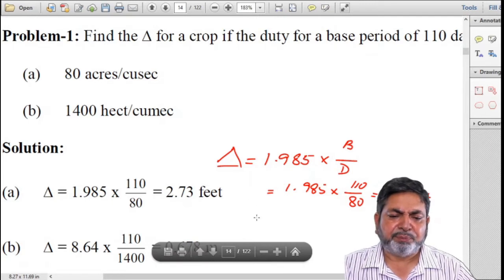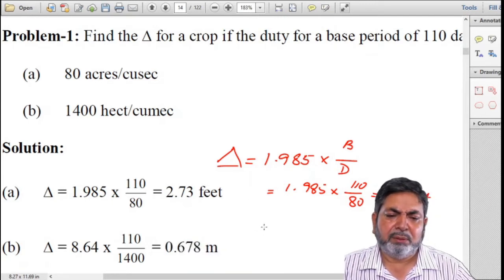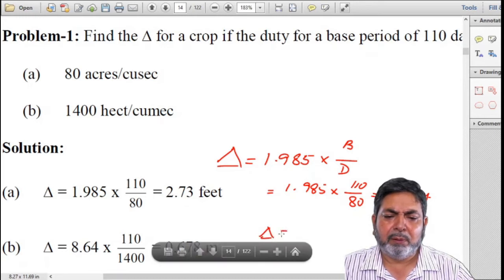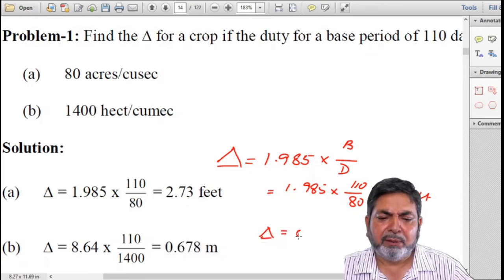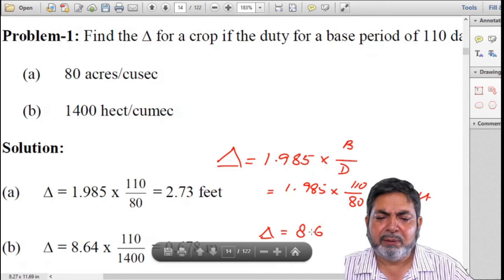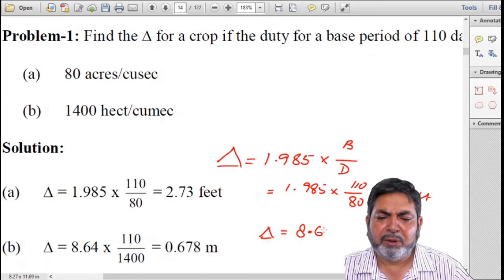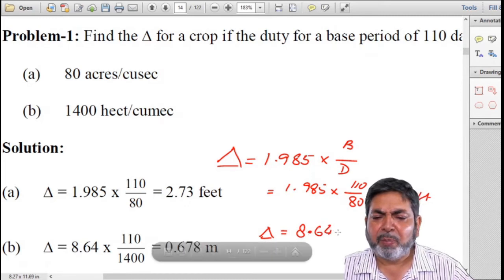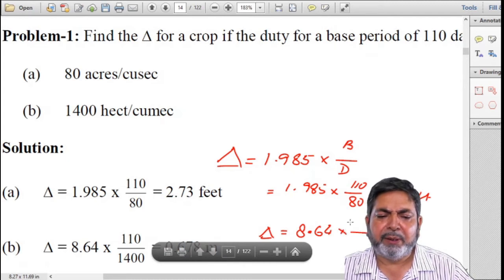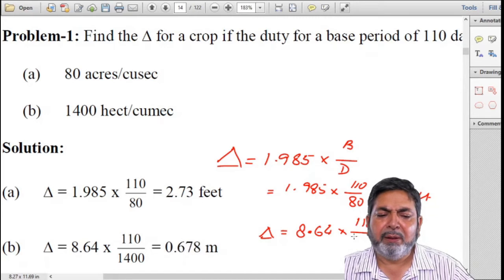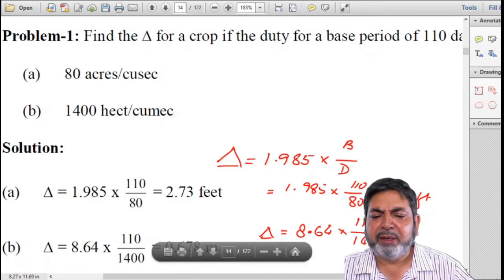Similarly, delta in MKS unit you can find very easily. This is 8.64 multiplied by the base period, which is same, but duty is different. It is 1400.